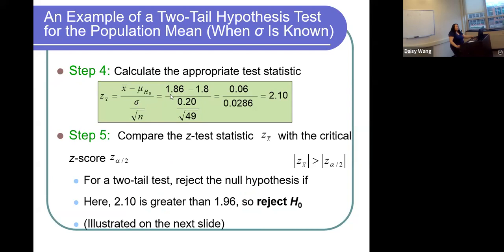So now our X bar is 1.86, 1.86, and 1.8.